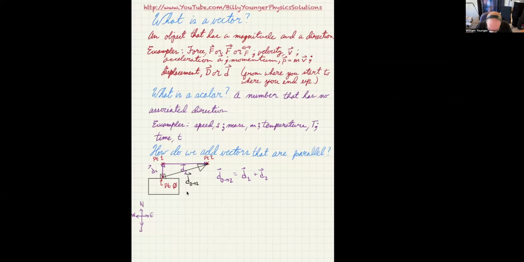And basically, by the tail of vector d2 being at the head of vector d1, that means those two vectors were in head to tail formation. So d1 and D2 are in head to tail position.